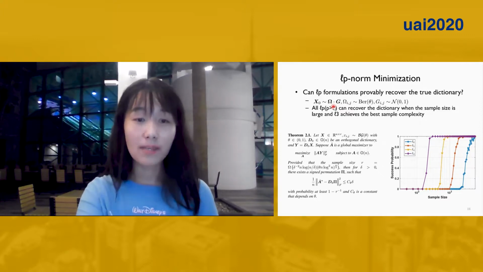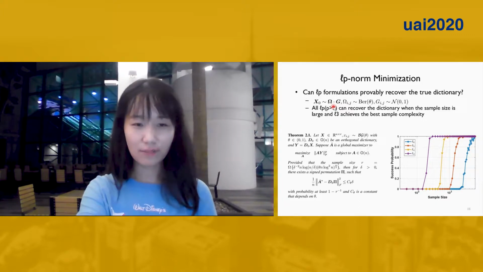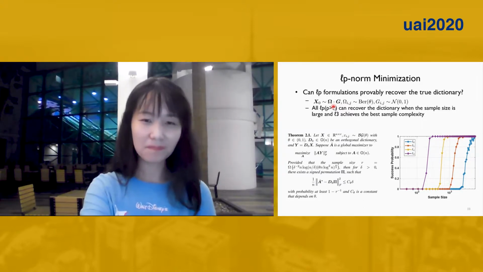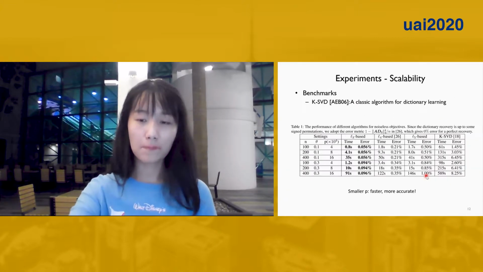Specifically, the sample complexity grows polynomially in terms of the dictionary size m, and grows exponentially in terms of the choice of p. And this figure shows that the sample complexity grows exponentially in terms of p.